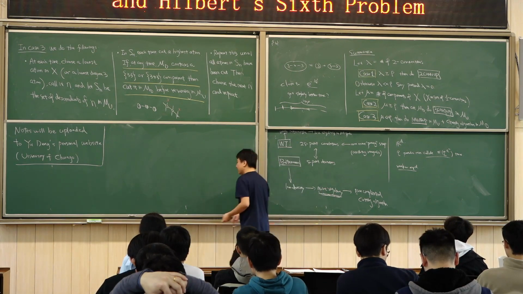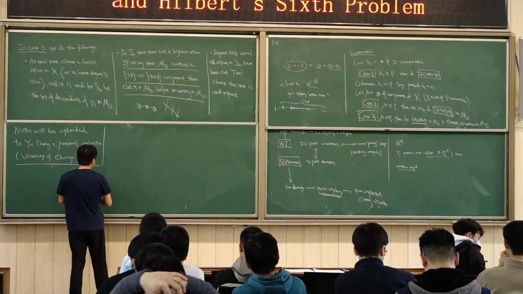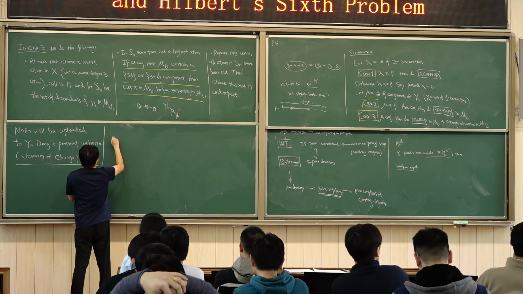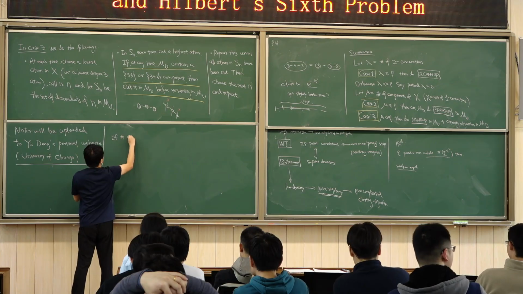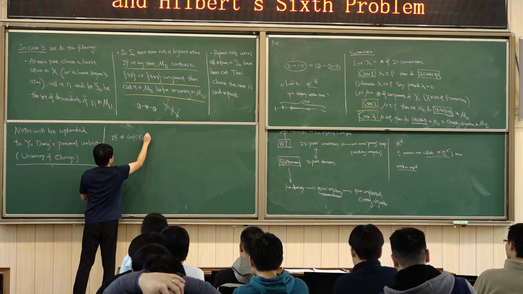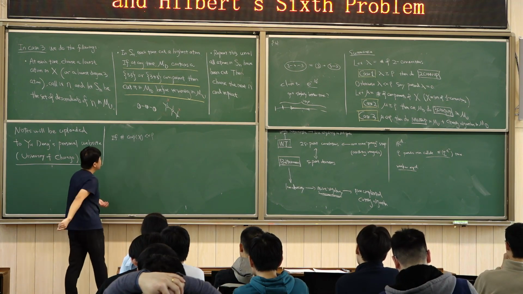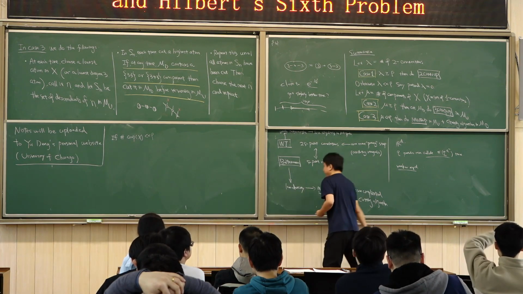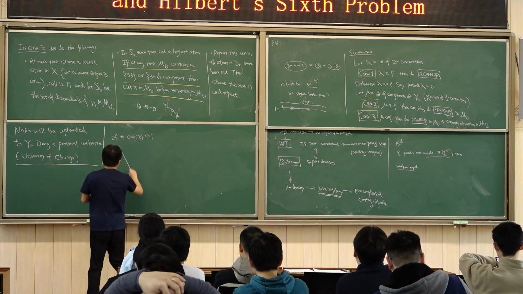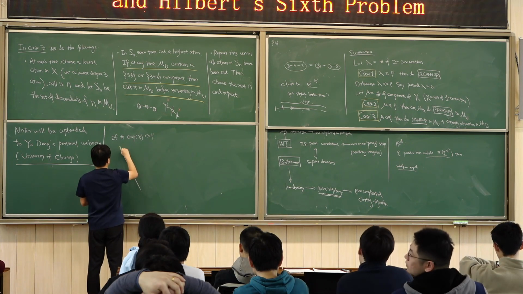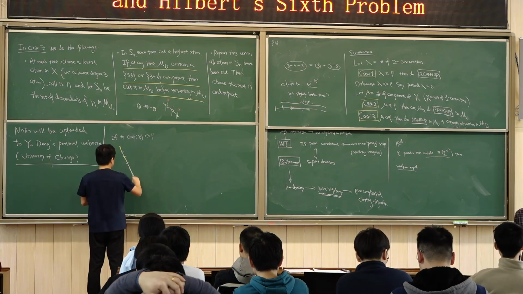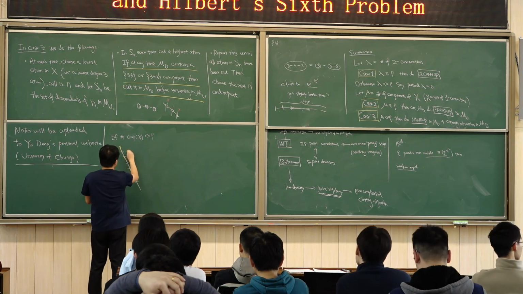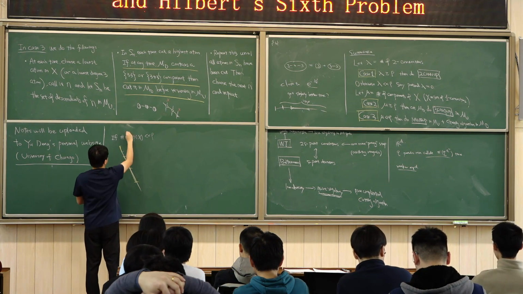So let's see. If you have X, if the number of components of X is less than rho, okay? So if you have a chain, then this is X, and this is X, okay? Then the number of components is mu, let's say.